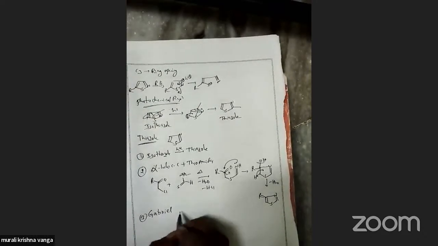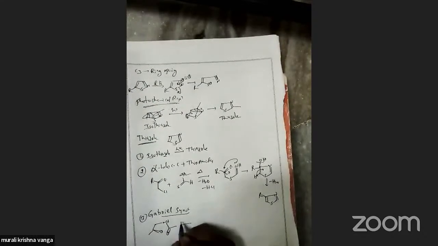Next one is Gabriel synthesis. The Gabriel synthesis uses an alpha acylamino ketone in the presence of P2S5.